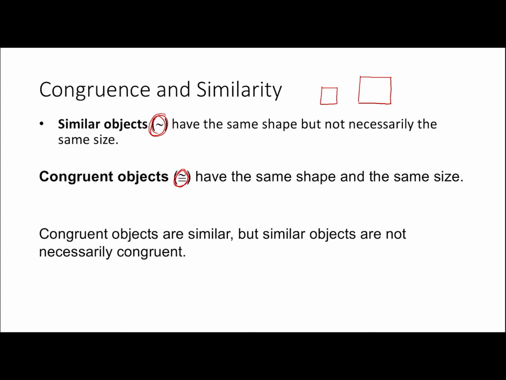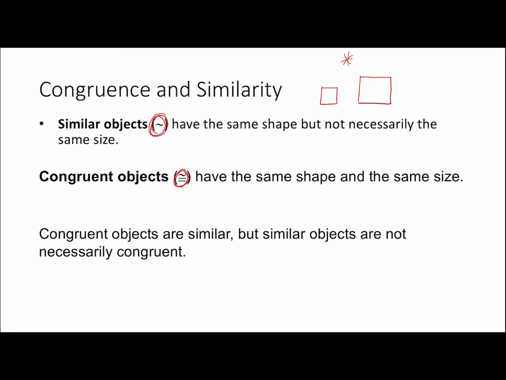So we talked about in chapter 11 how if two segments have the same length, then we would consider those to be congruent. Or if two angle measurements have the same measure, then we would consider them congruent. Even though they're not the same angle or the same segment, we consider them to be congruent because they have the same shape and the same size. And so the same thing is going to be true when we talk about triangles and quadrilaterals. And that's really where we're going to focus in this chapter.